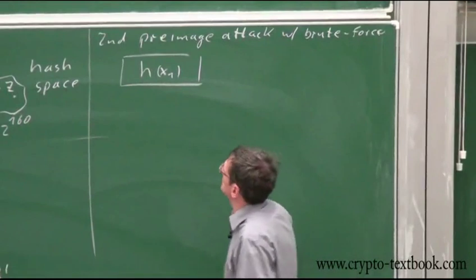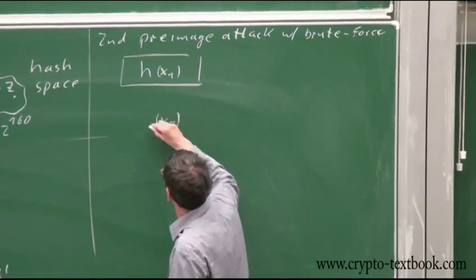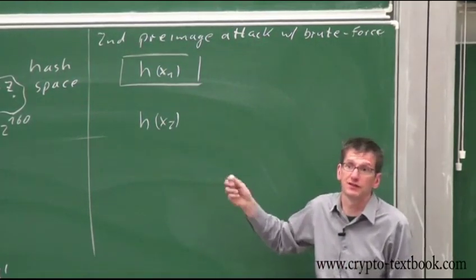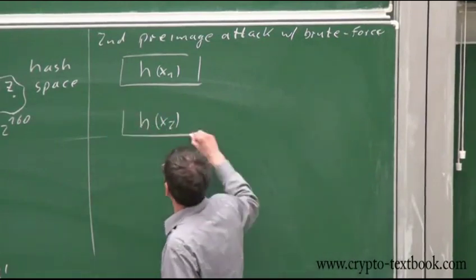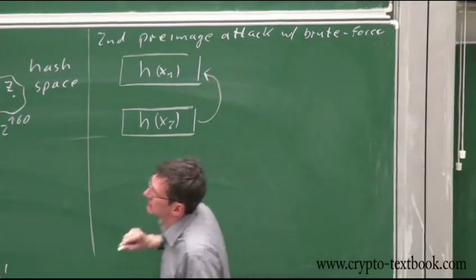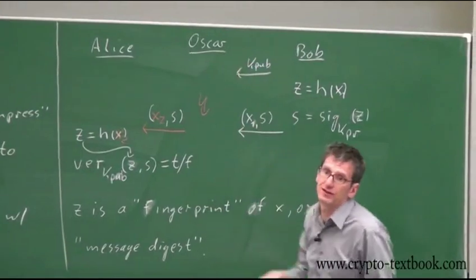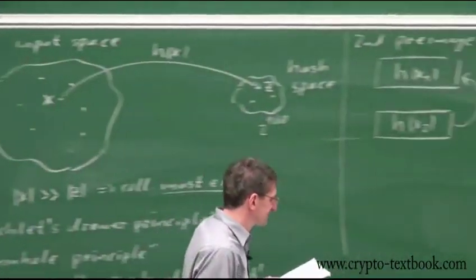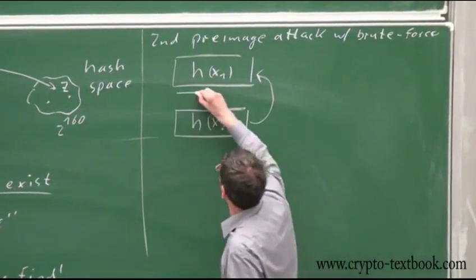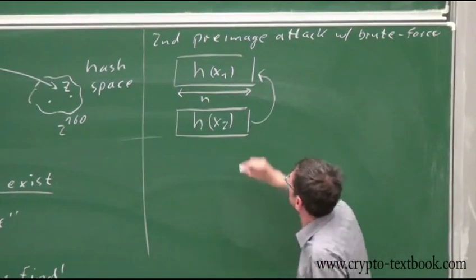So what he does is, and this is transfer 10 euros, he constructs a message which says transfer 10,000 euros. He hashes that, and what he has to check is whether they are identical. Right? This condition up there must be fulfilled. The chances are pretty low, probably; it has to do with the bit length here, right? If you have n bits here.